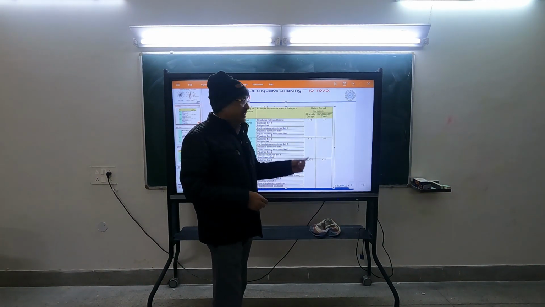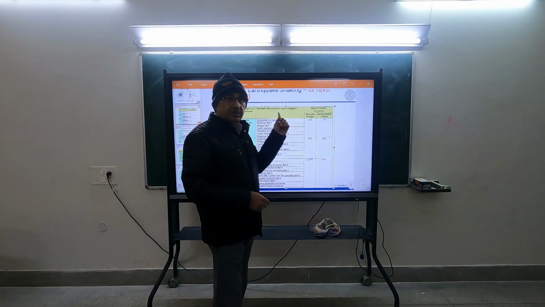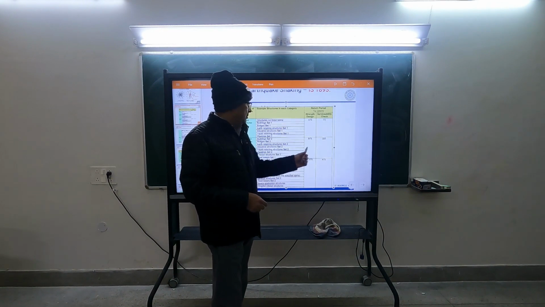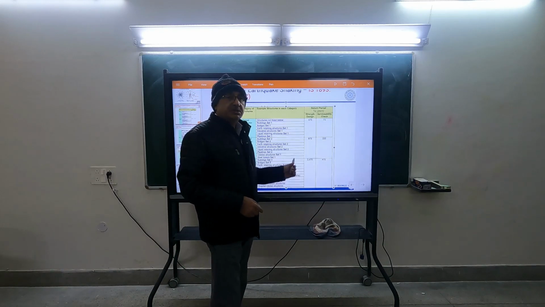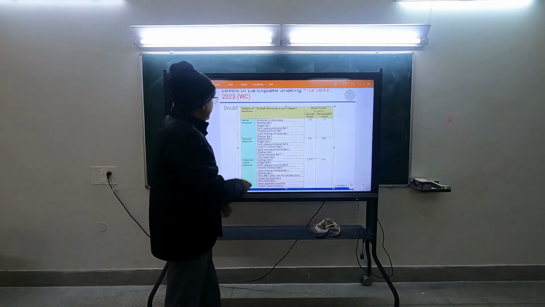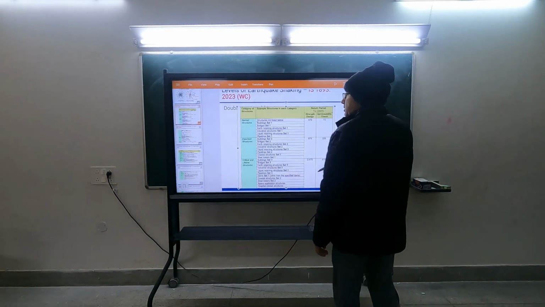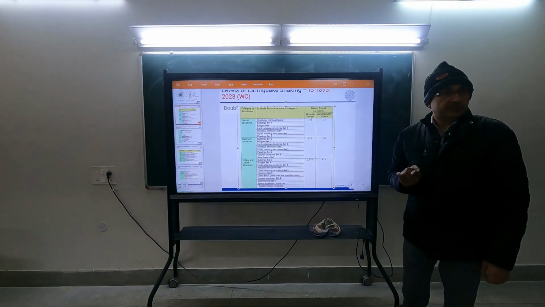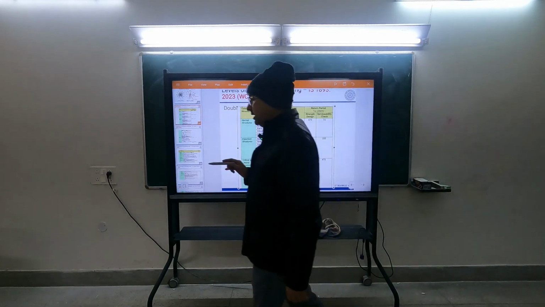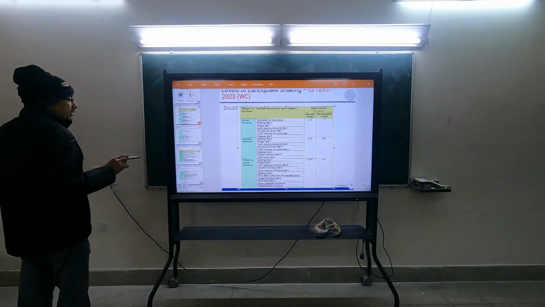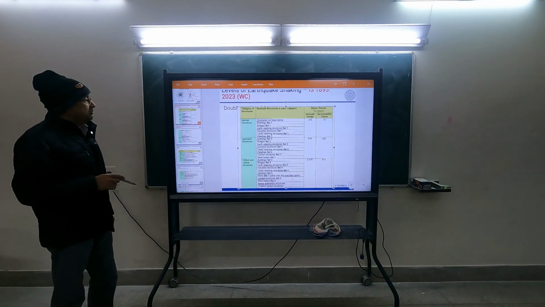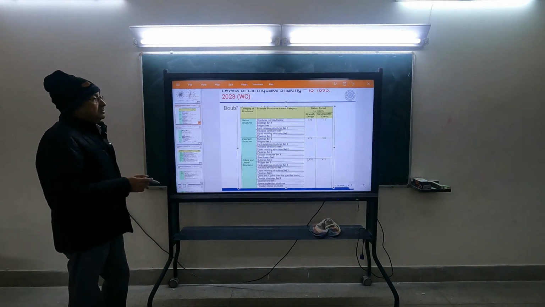Now onwards, when this code becomes effective, the code is already public, we will be using 2475 years for some structures, and you have to understand which structure, what return period is to be used. So there will be different return periods for limit state design, different return periods for serviceability design.